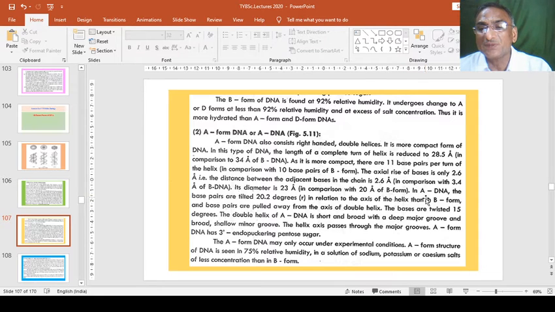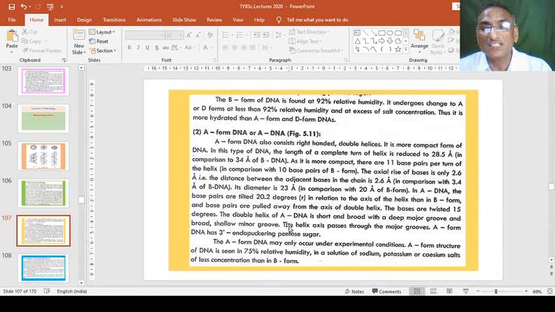In aDNA, the base pairs are tilted 20.2 degrees in relation to the axis of the helix, compared with beta form, and base pairs are pulled away from the axis of the double helix, and the bases are twisted 15 degrees.